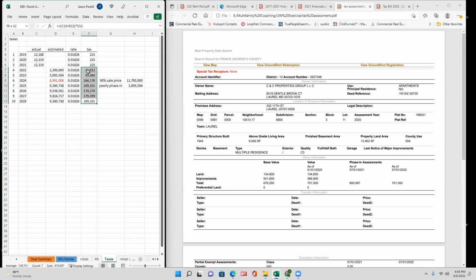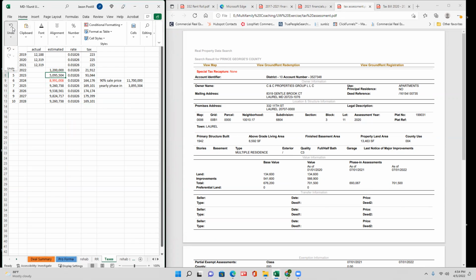So this isn't going to be accurate. 0.01. Let me see. Did this have a formula? Plus C6. Oh, plus H10. So I see.